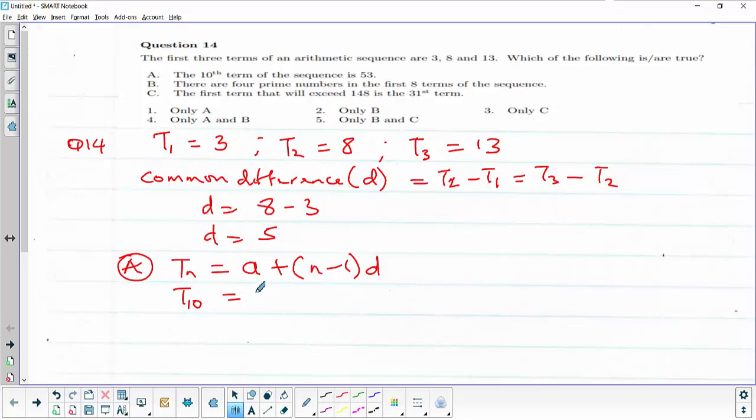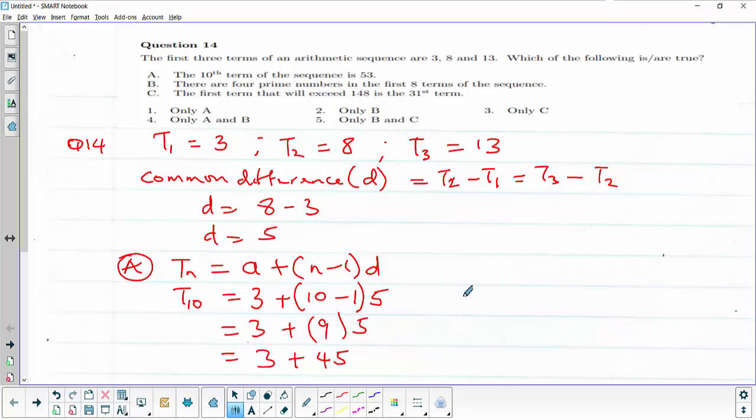So we have A equal to 3 plus, n is 10, so 10 minus 1 into D. What is the common difference? Which is 5. So we are going to have 3 plus 9 into 5. That is, 10 minus 1 is 9.